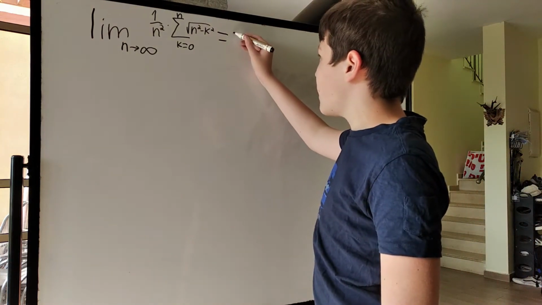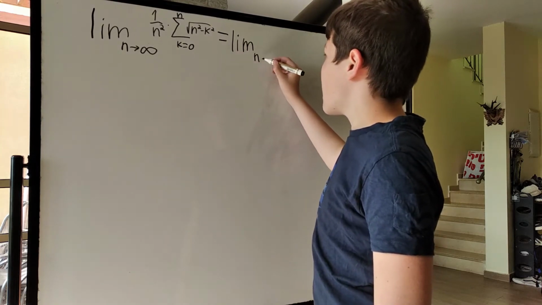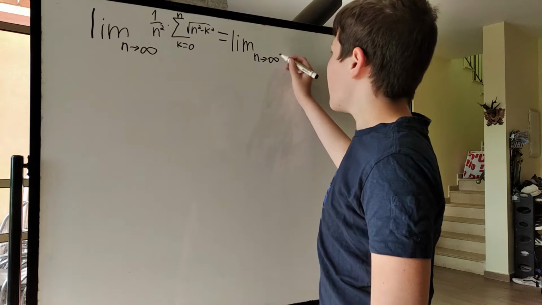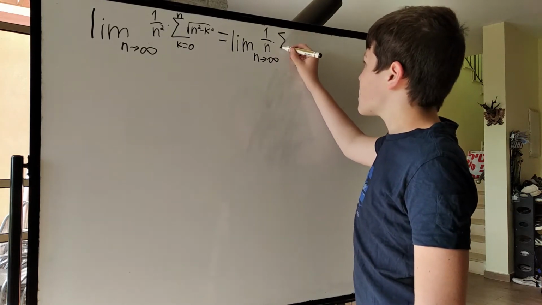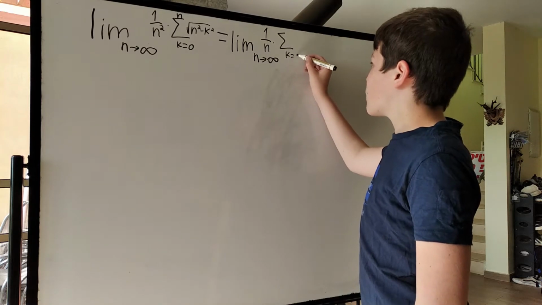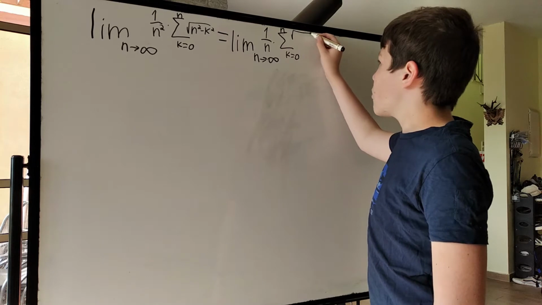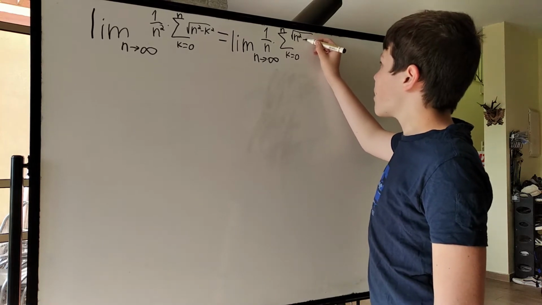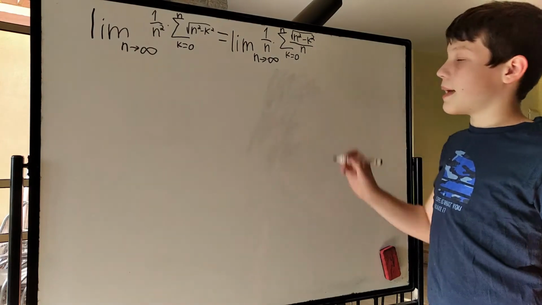So what we have here is the limit as n approaches infinity of 1 over n times the sum as k goes from 0 to n of the square root of n squared minus k squared divided by n.